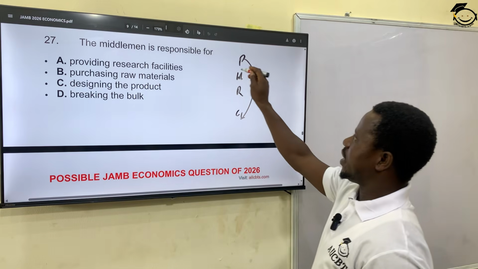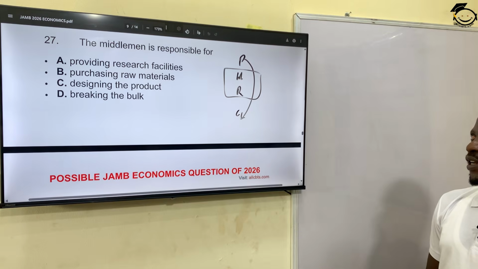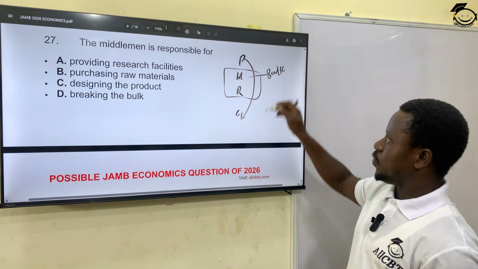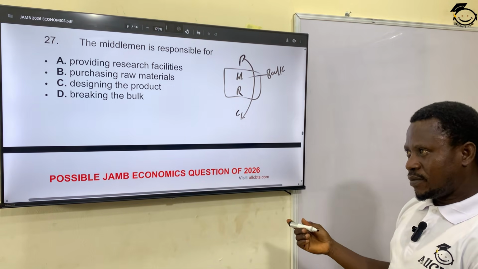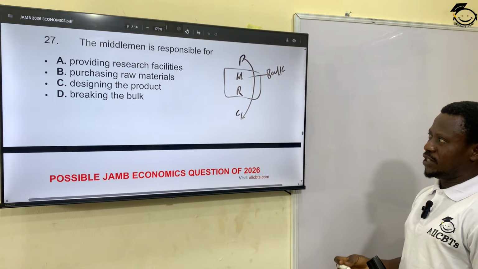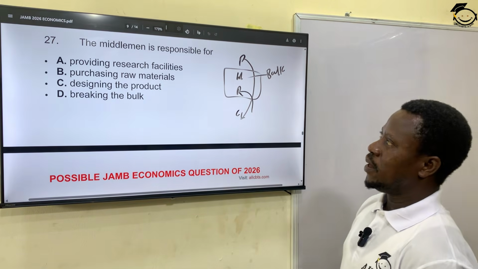So these two are called the middlemen, the wholesalers and the retailers. The wholesaler is the one that buys in bulk. They buy in bulk from the producer, put it in warehouse stock, and then sell in smaller quantities to the retailer. The retailer will sell finally to the consumer, according to what they need.